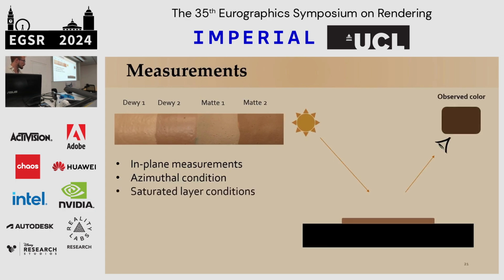We work in saturated layer conditions, meaning that we increase the thickness of the sample until we observe no color change in the camera, which is this last step here. In this way, we know that we are working in multiple scattering conditions, and the underlying plane is not affecting the measurements that we are observing that much.